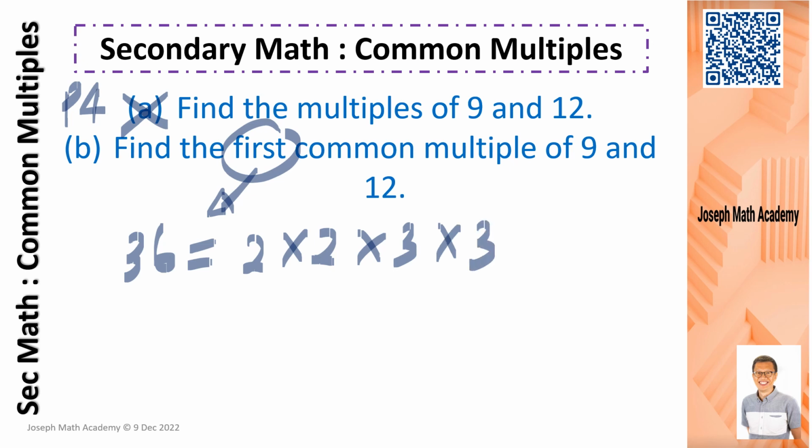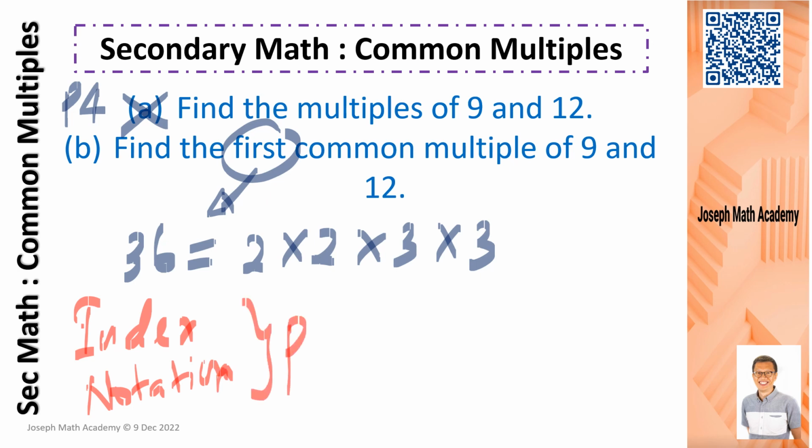This is one way of writing, but in secondary school, we are always asked to write our answer using index notation. Index notation means we have to use our idea of power.